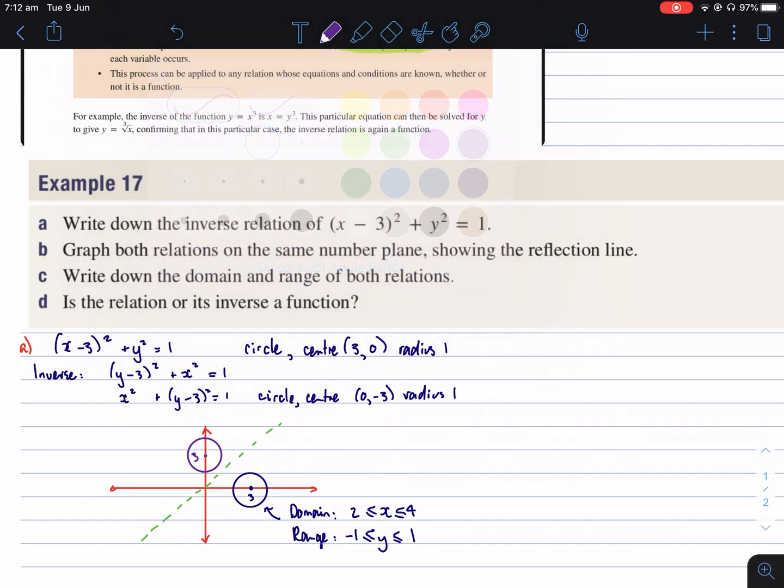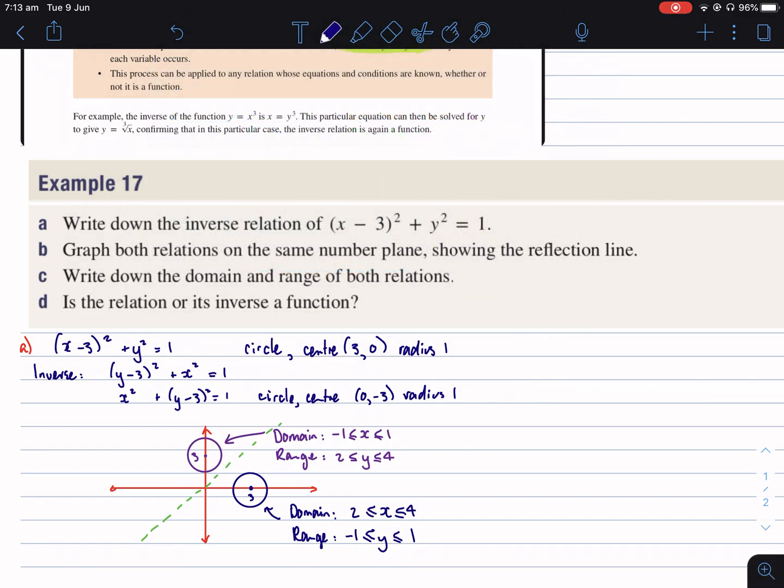Then for our inverse, the domain is between -1 and 1, because it's the x values. It started off at x equals 0 and goes left and right 1. And the range goes from 2 up to 4. See how the domain and range have literally just swapped between our inverse and our basic one.